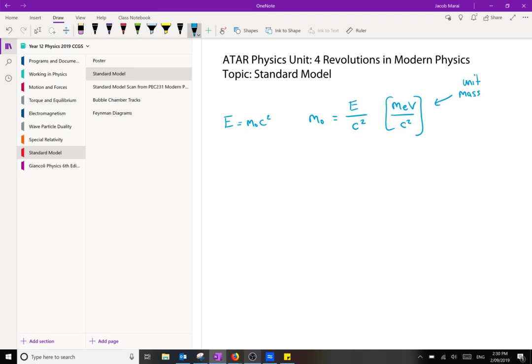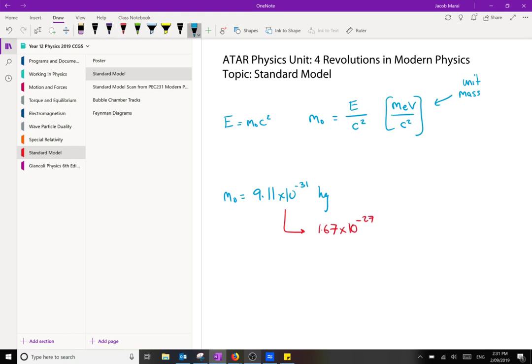So, for example, the rest mass of an electron is 9.11 times 10 to the negative 31 kg. Which we might wish to then convert to atomic mass units by multiplying it by 1.60 times, no, not that one, 1.67 times 10 to the negative 27.